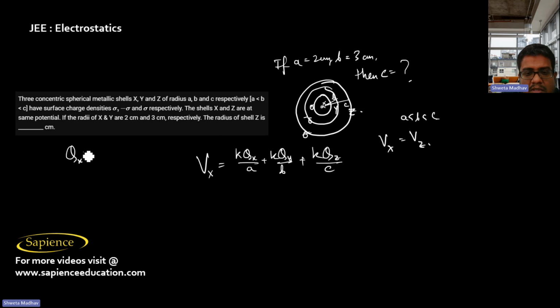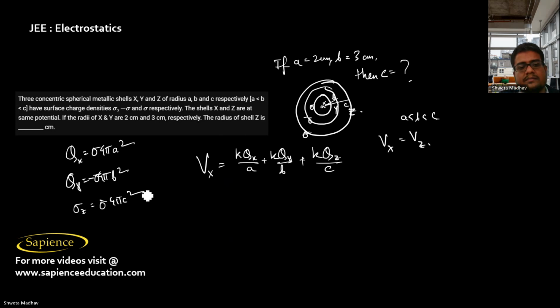So QX is sigma into 4 pi A square. QY is actually a negative charge, so it is minus sigma into 4 pi B square. QZ is sigma into 4 pi C square.